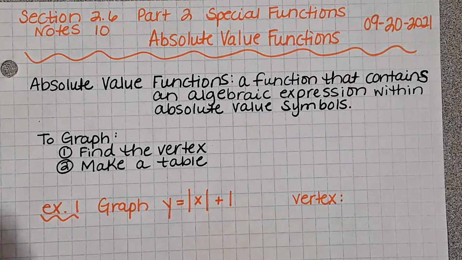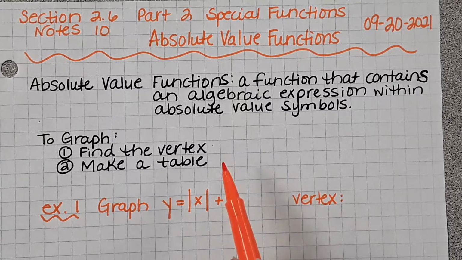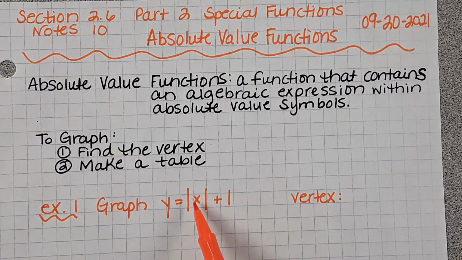To find the vertex, today is the most basic of things, okay? So I'm telling you this isn't always how you find the vertex, but is the number in front of x 1? That's the first thing, okay? So this only works when the number in front of x is 1, okay?